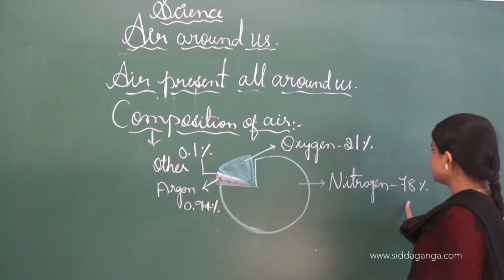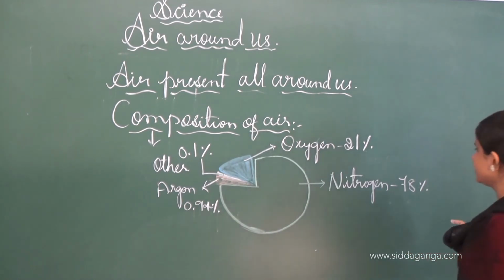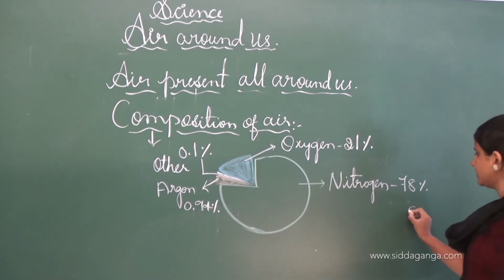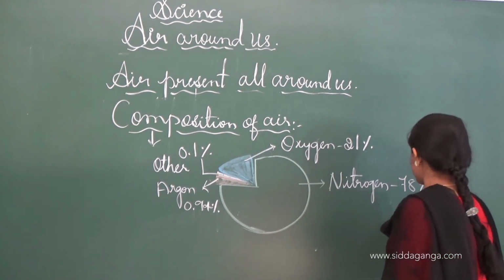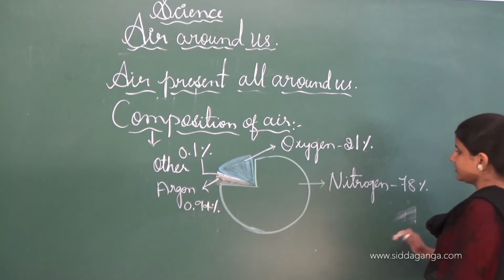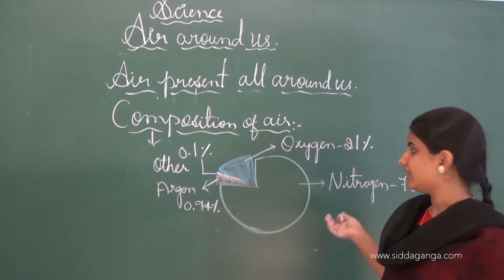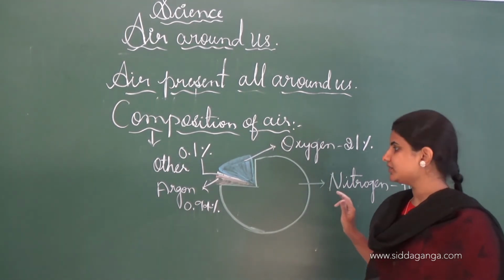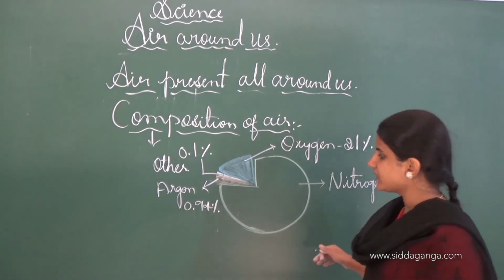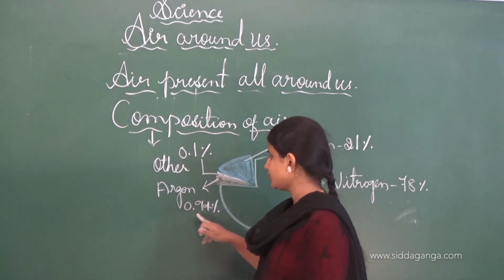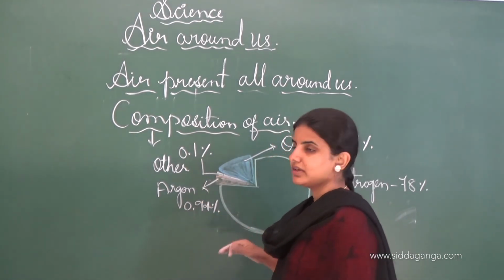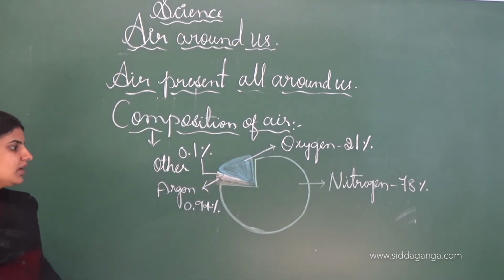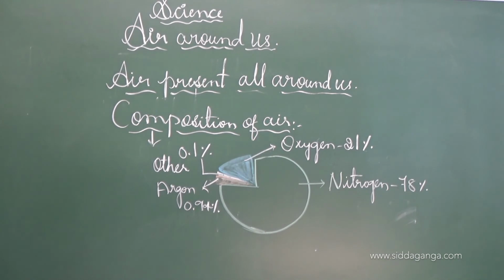See, if we add 78 to 21, then we will get 99%. So 99% will be the major components of the air, nitrogen as well as oxygen, and the remaining 1% will contain argon, that is 0.94%, and the other moisture as well as dust particles which contain 0.1%. And see, this is the composition of the air.